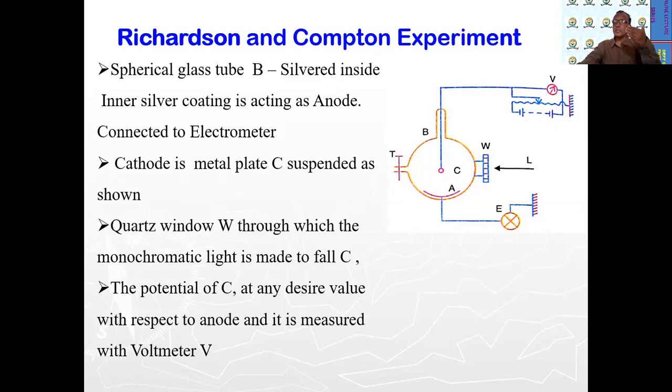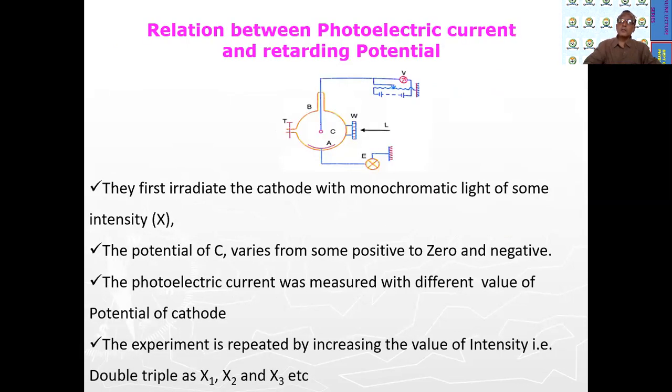As we have seen in the previous lecture, at some particular value of the potential of C, the negatively charged particles start to move from C and get attracted or accelerated towards the anode. That particular potential is a critical potential, denoted by C0, as we have seen in the previous video also.